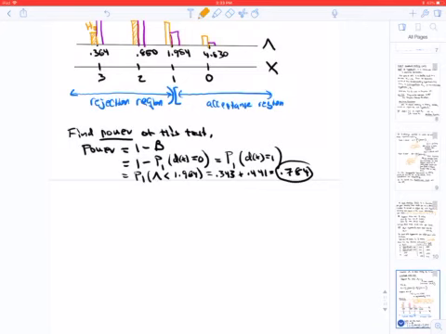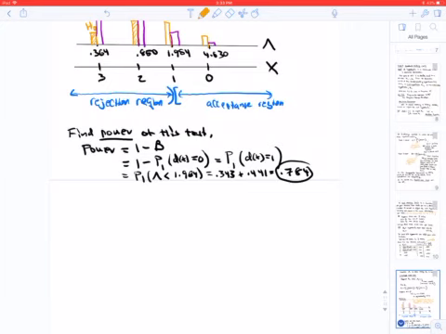Lastly, I introduced the power of a test. So the power is 1 minus beta. So beta is the type 2 error, that you accept when the null is false. And so again, this is something that we want to maximize because we want to minimize our beta error.